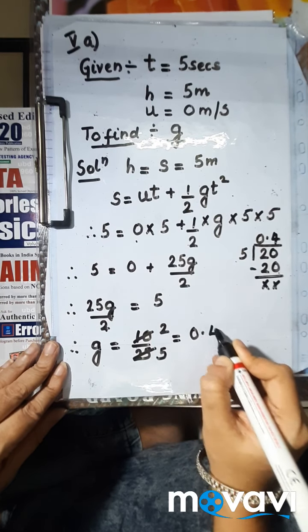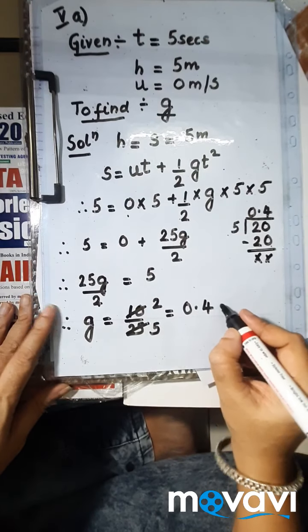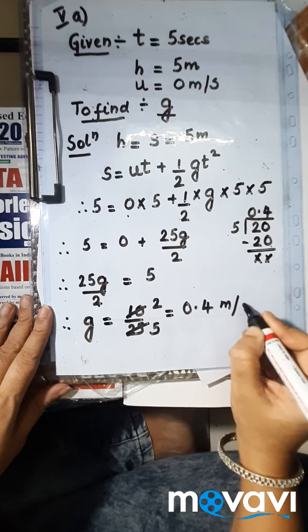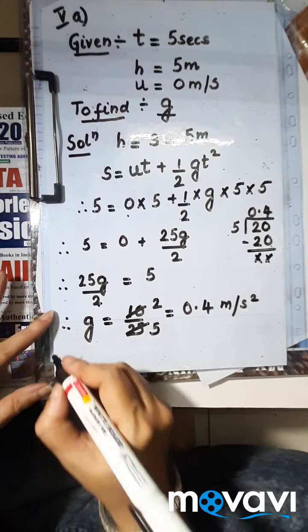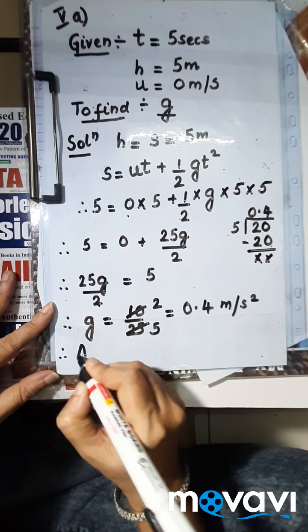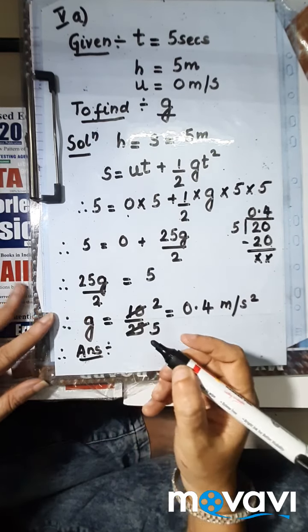Units are very important. What is the unit of gravitation? G, acceleration due to gravity, meter per second square, same as acceleration. Therefore, please see that you write the answer statement, very important in numericals.